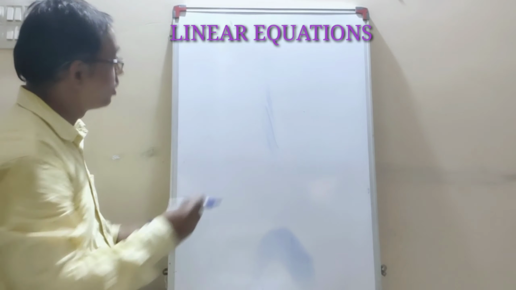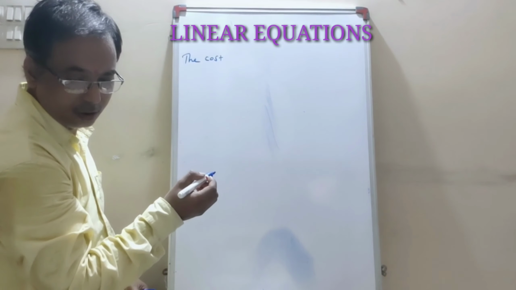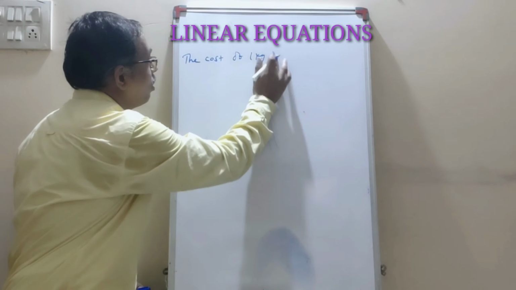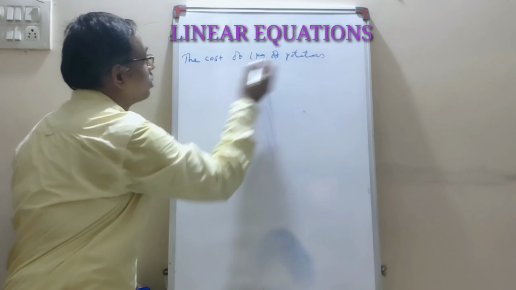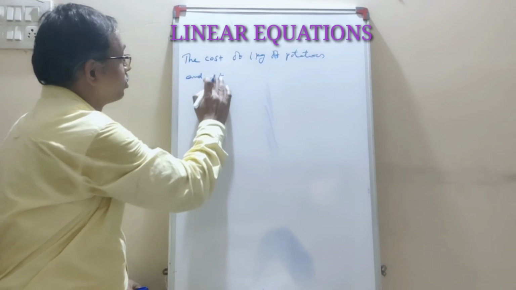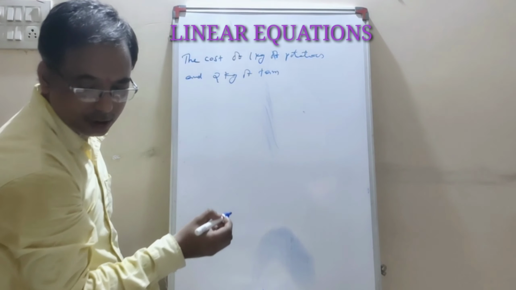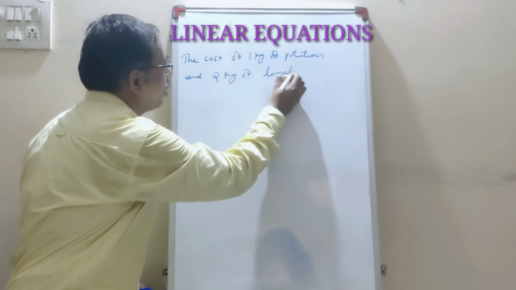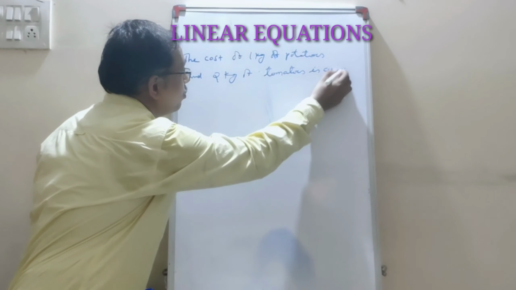So here, the cost of 1 kg of potatoes and 2 kg of tomatoes is equal to 30 rupees.